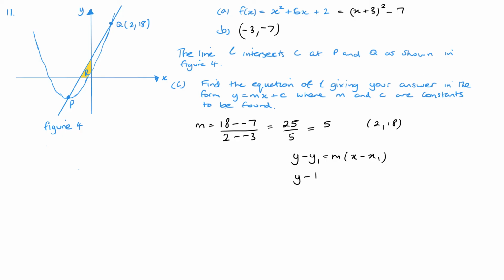So y minus 18 equals 5 times x minus 2. So y minus 18 is equal to 5x minus 10. So y equals 5x plus 8. And there we have part C.